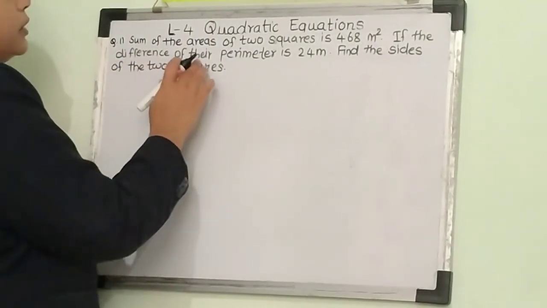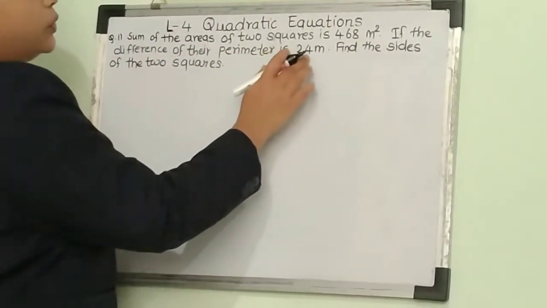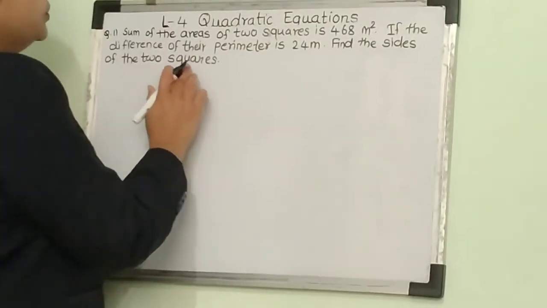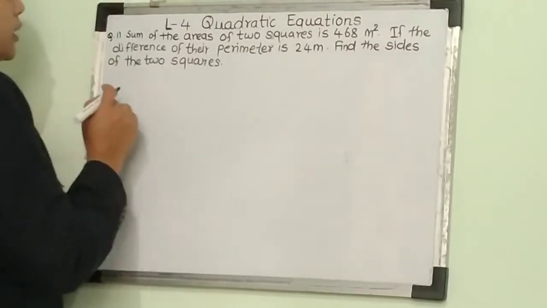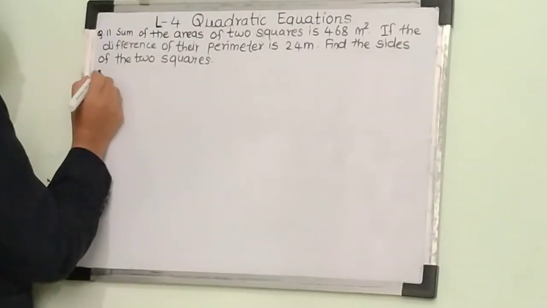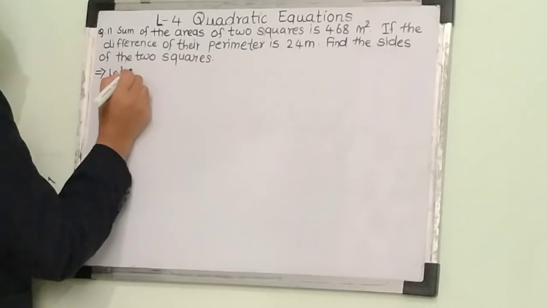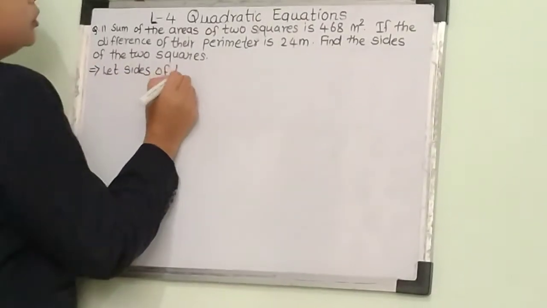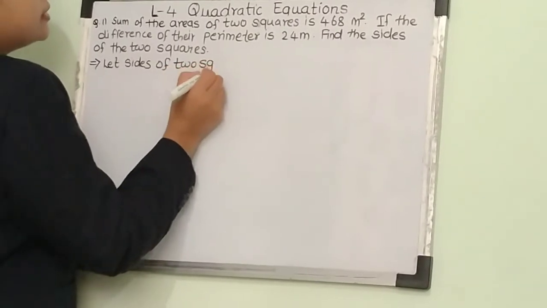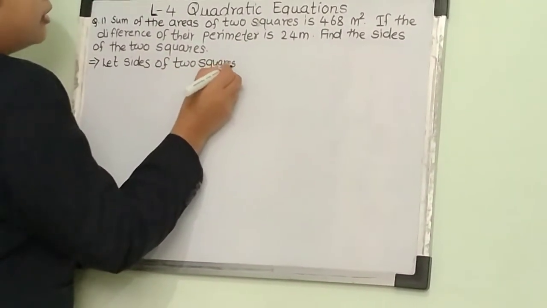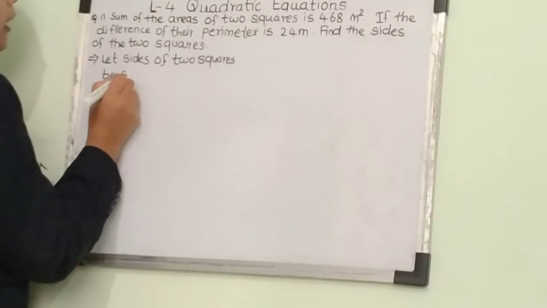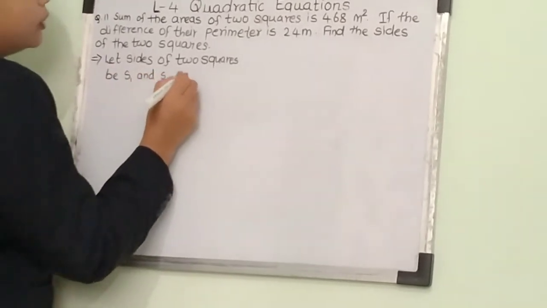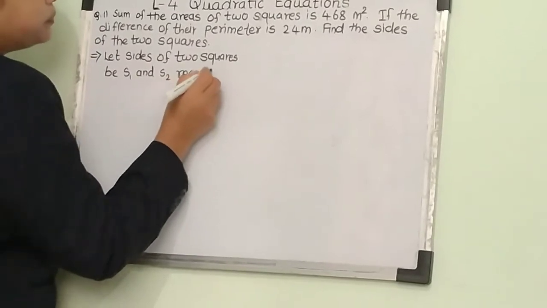If the difference of their perimeters is 24 meters, then find the sides of the two squares. So first, let the sides of the two squares be S1 and S2 respectively.